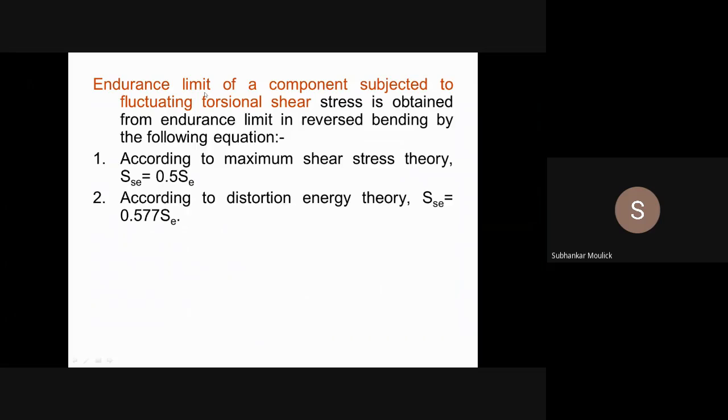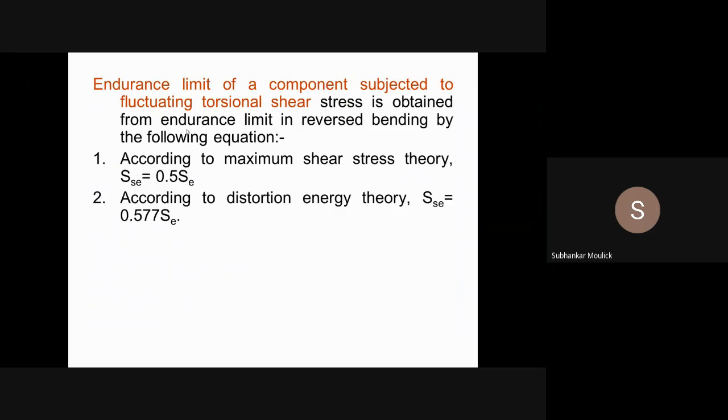We have already derived that in the maximum shear stress theory of failure, the yield strength in shear, that is SSY, is 0.5 times SYT.